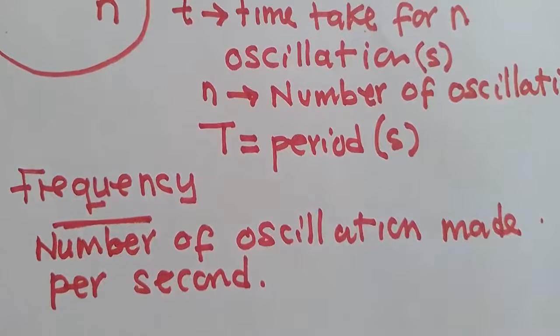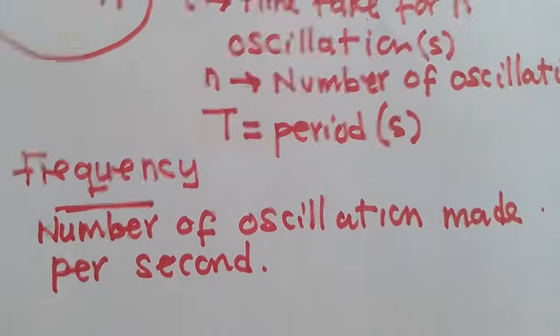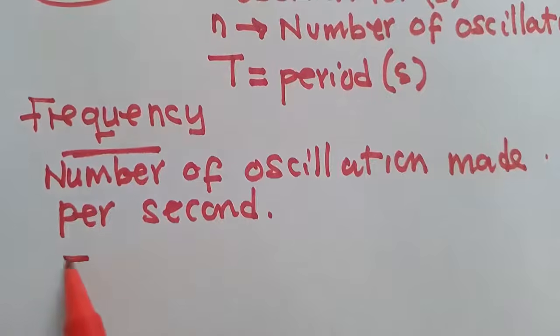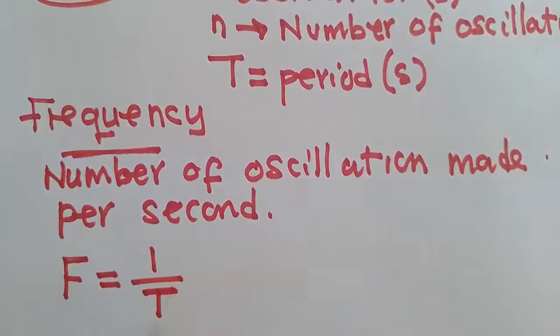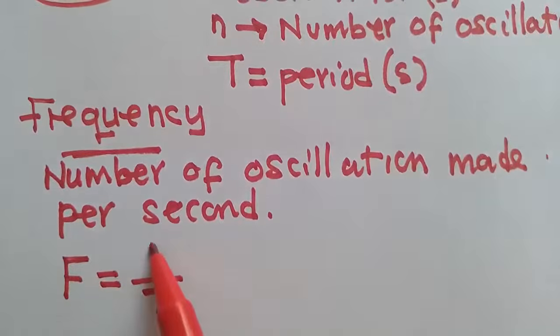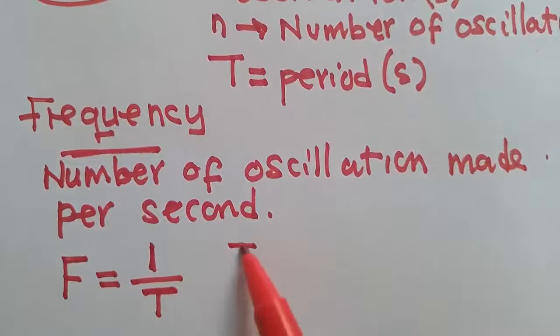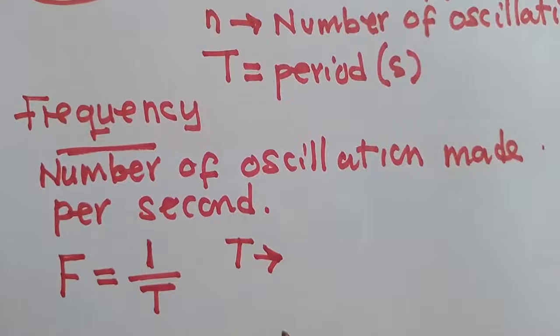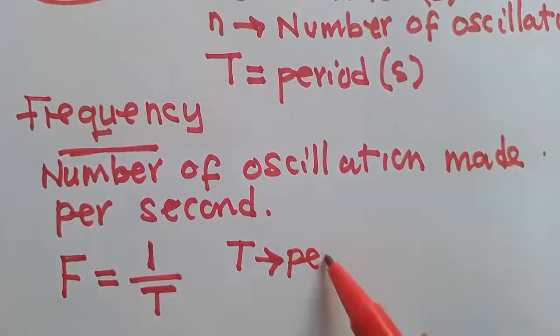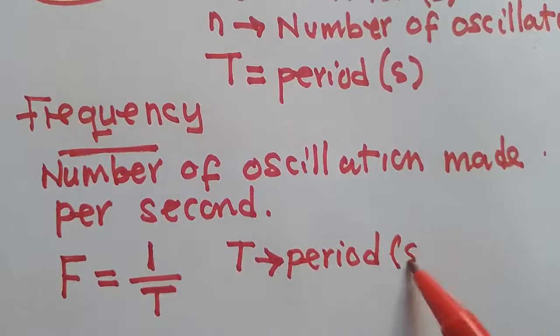So number of oscillations made per second. Frequency now has its own formula. Frequency is equal to 1 over period. So this capital letter T, you know that that is period, in seconds.